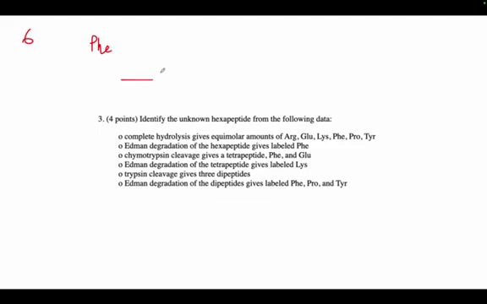It then gave a tetrapeptide and then it gave glutamate, which means that glutamate is the C-terminal residue of this hexapeptide because it is liberated after this hexapeptide. But it also means that whatever the 4th residue in this tetrapeptide is, must also be a bulky aromatic residue.